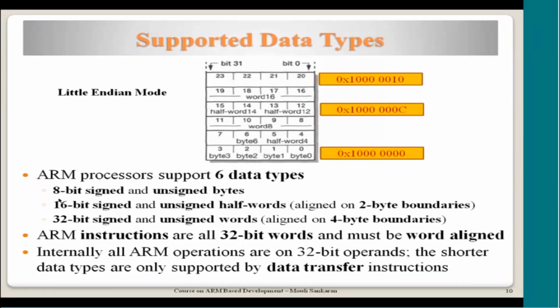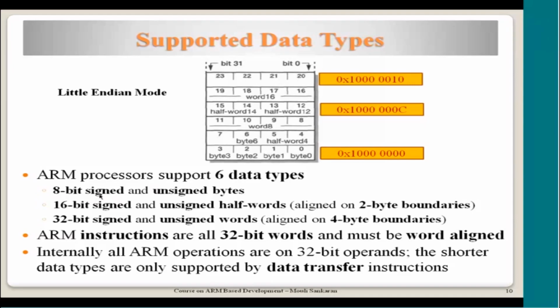So even if an 8-bit value is there in the memory, when it comes to the registers, it will be extended to a 32-bit value. Now there are 2 ways it could be done, based on the type of data which is being read from the memory. Suppose you are reading an 8-bit value from the memory and its MSB is set, that means it's a negative value.